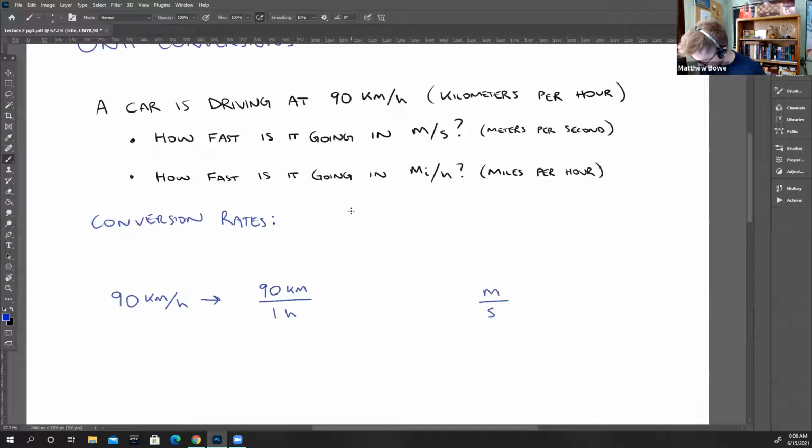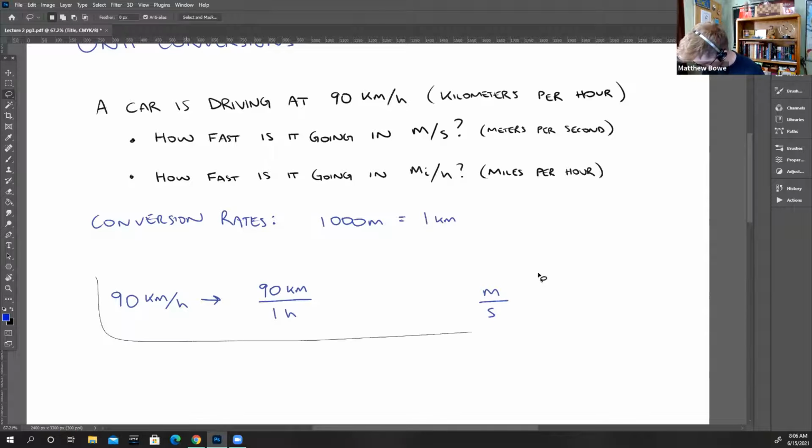Conversion rates, simple. We know that there are 1,000 meters in 1 kilometer. That's the prefix kilo is 1,000. So we know that there are 1,000 meters in 1 kilometer. What else do we know? Let me move this down again.